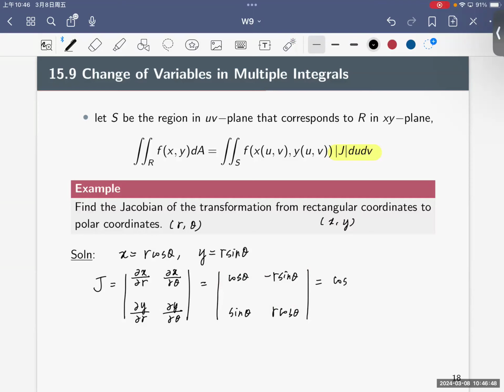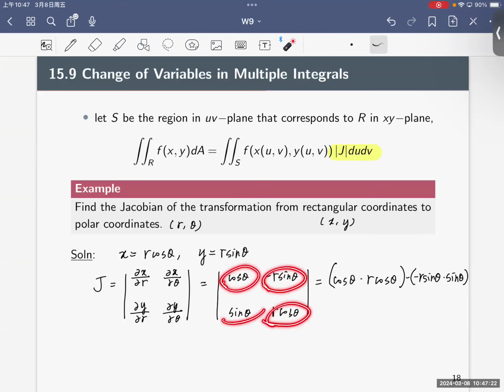So I have cosine theta times r cosine theta minus negative r sine theta times sine theta. So this times this minus this times this.